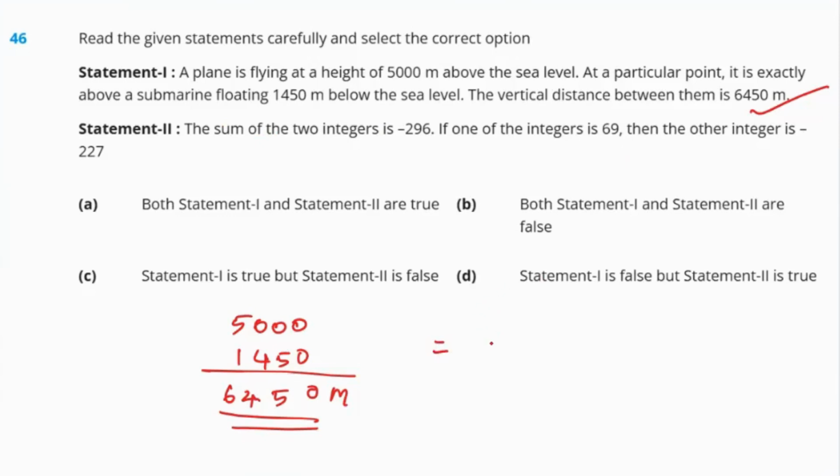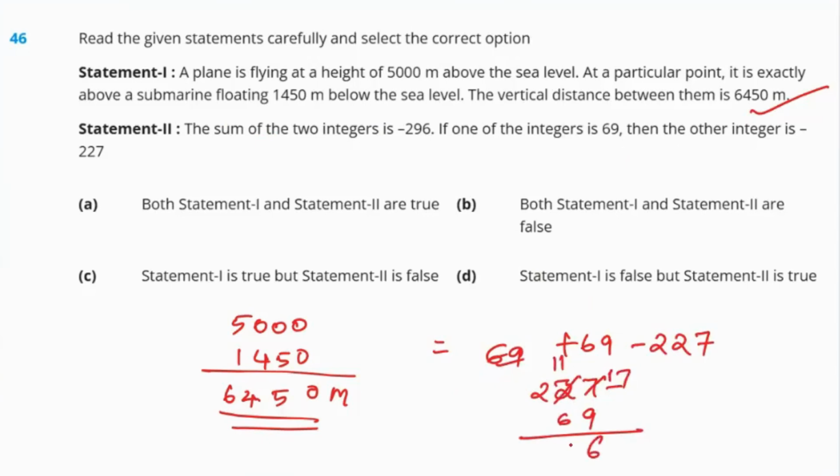When we do the sum, one integer is 69, the other is minus 227, so plus 69 minus 227, that is 227 minus 69, which is minus 156. This statement is not true. Here we have to select which option is true. Only one is true. Statement 1 is true, but statement 2 is false. So C is the correct option.